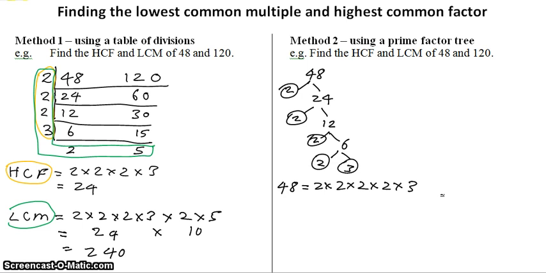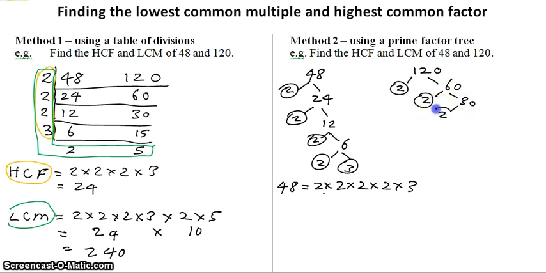Alright, so that's 2 times 2 is 4, 2 4s are 8, 2 8s are 16, 3 16s happen to be 48. Okay, do the same with the 120. Let's divide that by 2 because we can. Even number gives us 60. Even number, divide by 2, half of 60, 30.